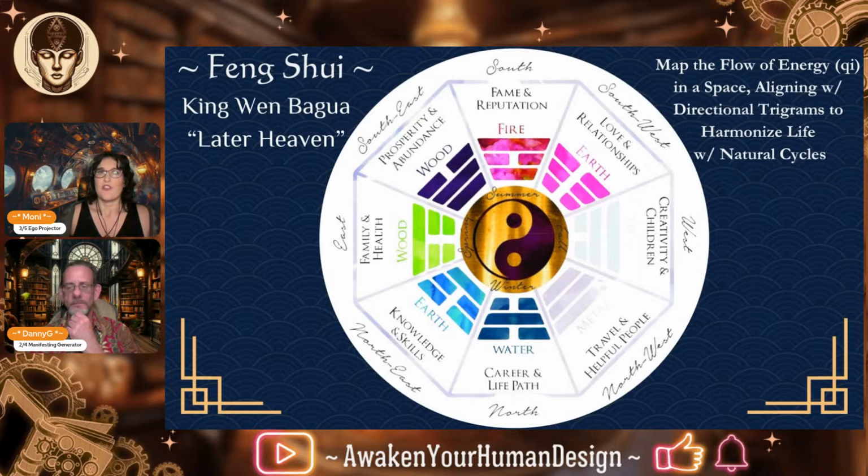Feng shui uses it as a map, a way to map the flow of energy, qi, in a space, aligning with directional trigrams to harmonize life with natural cycles. So you can have this diagram and use it in how you set up your house or a room, what you put in which places, to align with the energy of each of those trigrams to create harmony in your life. That is the concept of it.